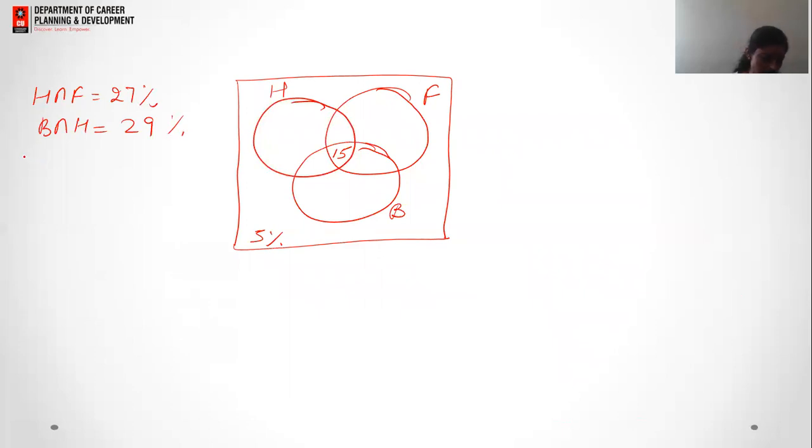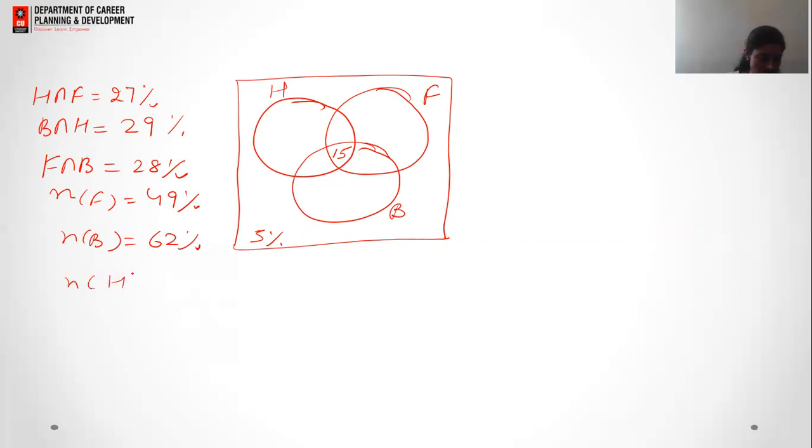And the last one, 28% watching football and basketball, that is 28%. And initially, it is given to us, the number of students who like watching football is 49%, basketball 62%, and hockey 53%. 53% are the students who like hockey.